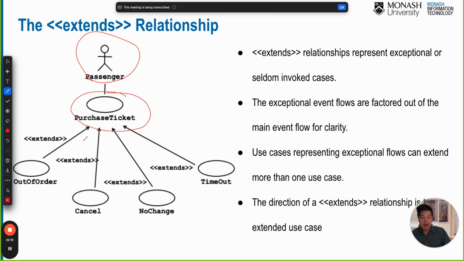But these are optional scenarios, optional use cases that the passenger can access. For example, the machine can be out of order, or they can cancel the ticket purchase, where there is no money exchange, or the operation times out. So this is the extend.